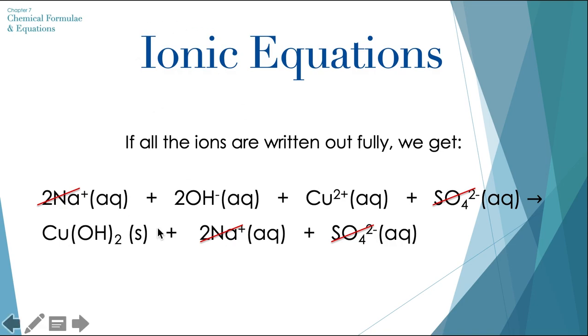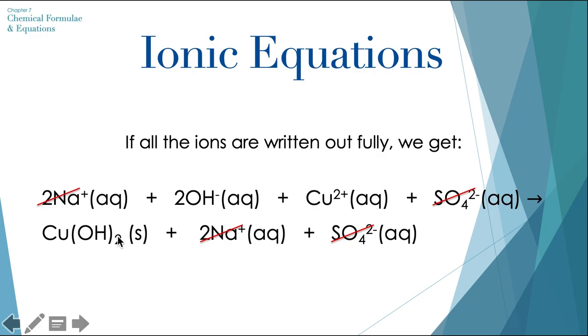Now, you can see that the sodium and sulfate ions are common to both sides of the equation. So this means that they have been present throughout and remain unchanged. Because of this, they are called spectator ions. Okay? So what happened is that we have sodium hydroxide, NaOH, and copper sulfate.